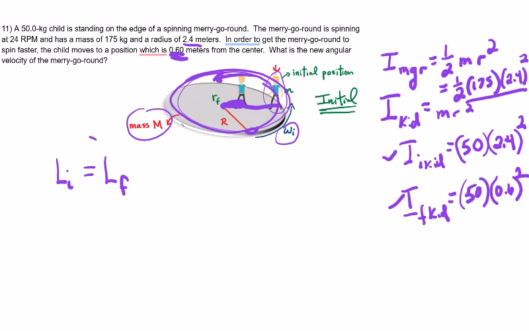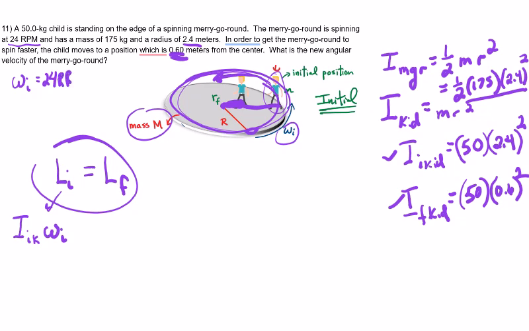Now, if I come back to what we were talking about earlier, that the initial momentum equals the final momentum, how do I find those things? So the initial momentum is going to be the I initial for the kid times their initial angular velocity. Now I know it's 24 RPMs.